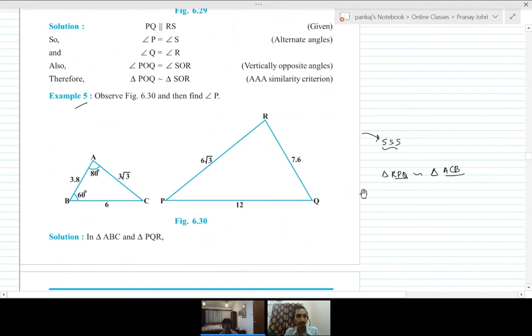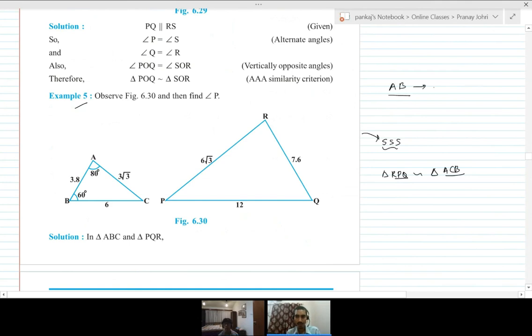Because the angle A is in between AC and AB. AC is 3 root 3 and AB is 3.8. So AB times 2 will give 7.6 and AC times 2 will give 6 root 3. And the angle in between will be equal to A, and that's R.